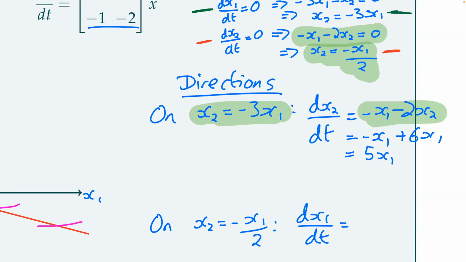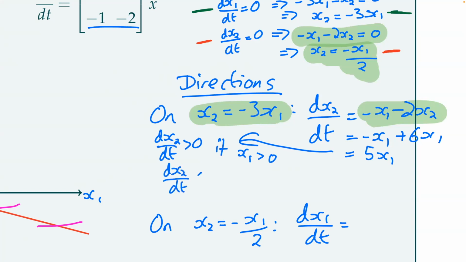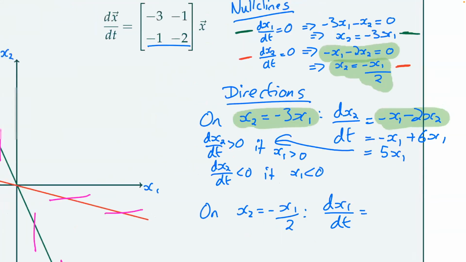So what does this tell me? This tells me that dx2/dt is going to be positive if x1 is positive, and it's going to be negative if x1 is negative. So let's go back to my phase plane here.